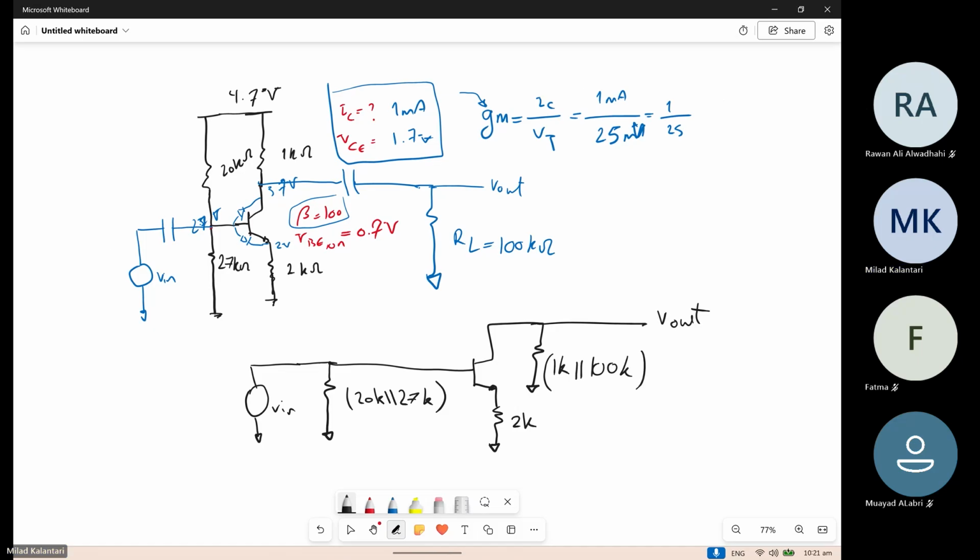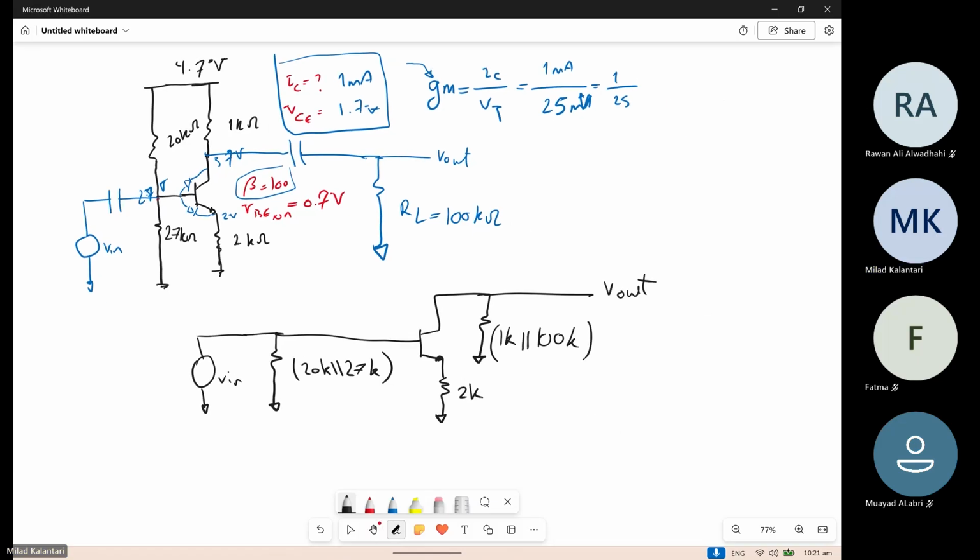So what is the voltage gain? How do you calculate it? We don't need to memorize the formula, but it's possible to solve it.